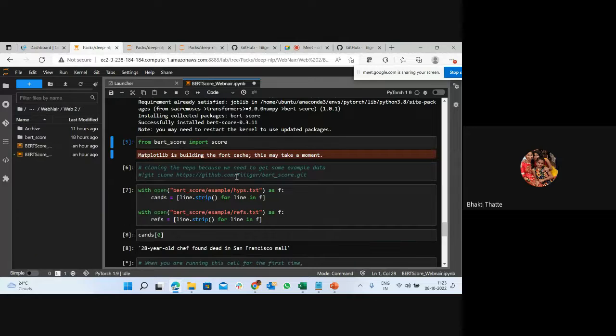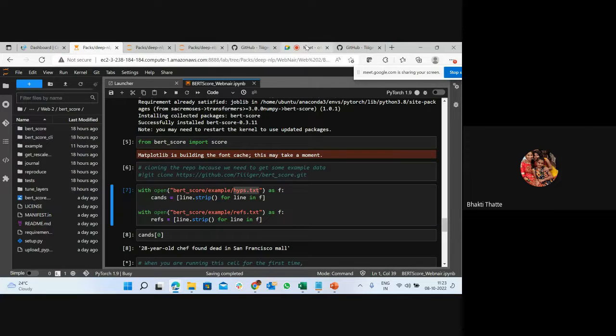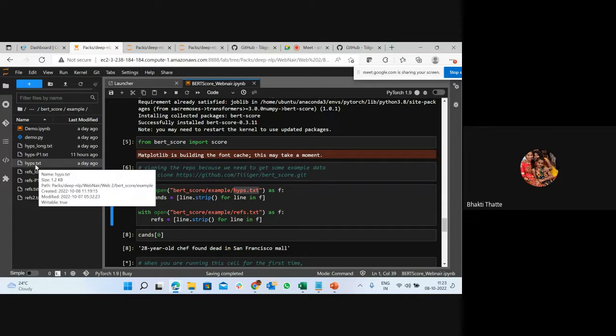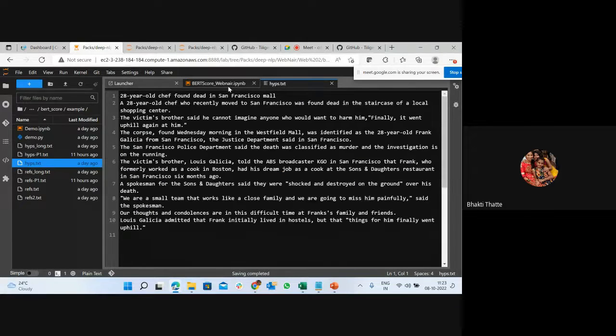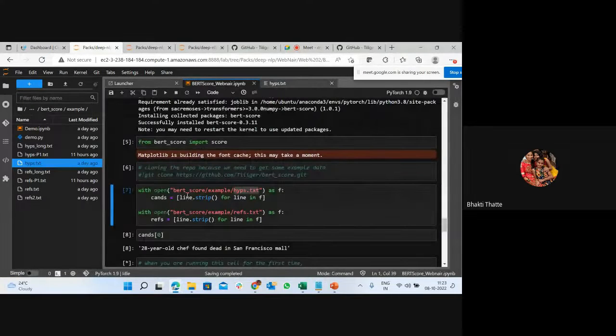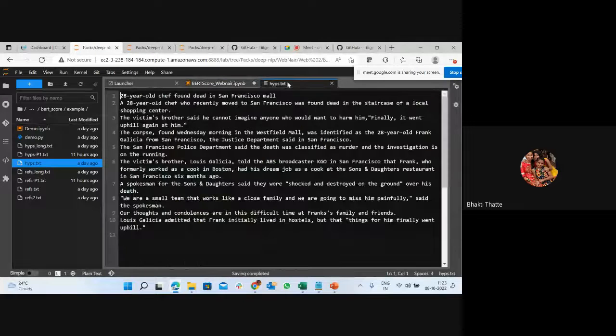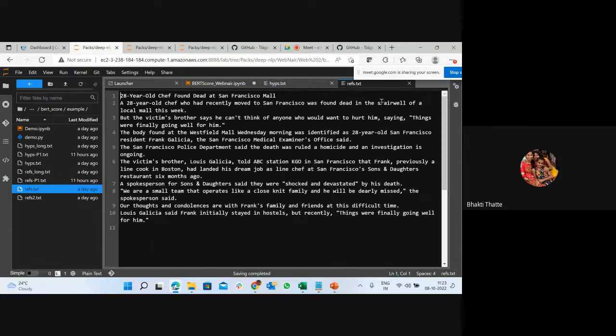After cloning, I am assigning the candidate sentences. The candidate will use this hyps.txt, which is available on the GitHub in the BERT score examples. See, this is the file for candidates, and this is the file for references.